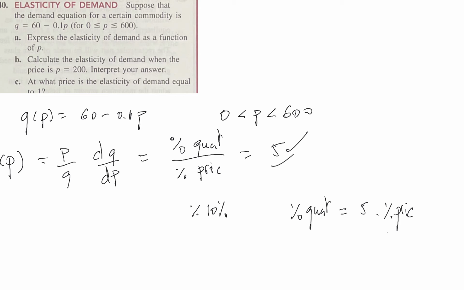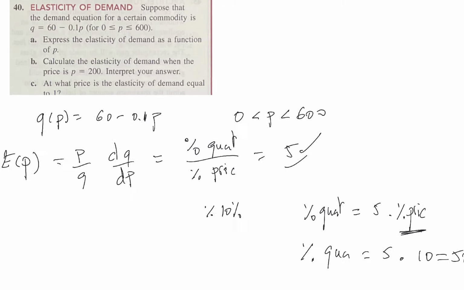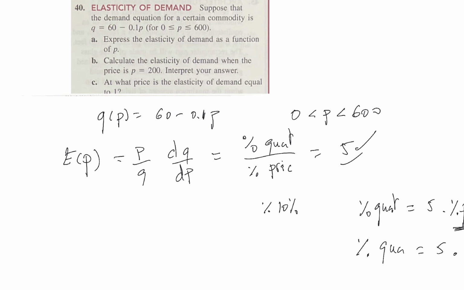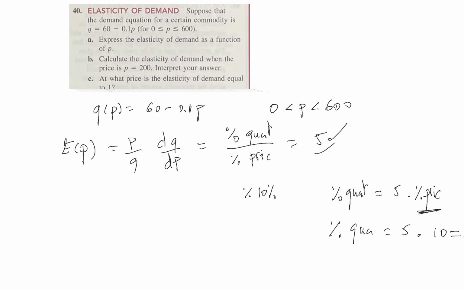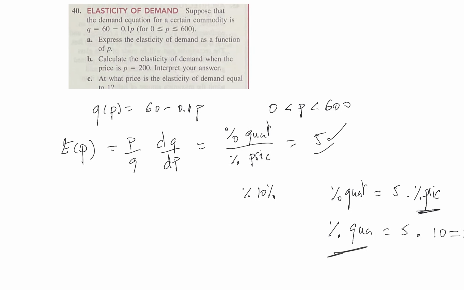If you change the price by 10%, you may change the quantity that is being sold by 5 multiplied by 10, 50%. So you have to be careful when you take decisions, because the elasticity tells you if this is a good decision. No one wants to sell a smaller quantity by 50% if they increase the price by 10%.